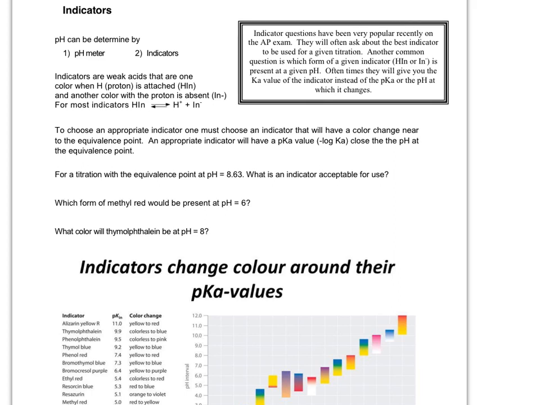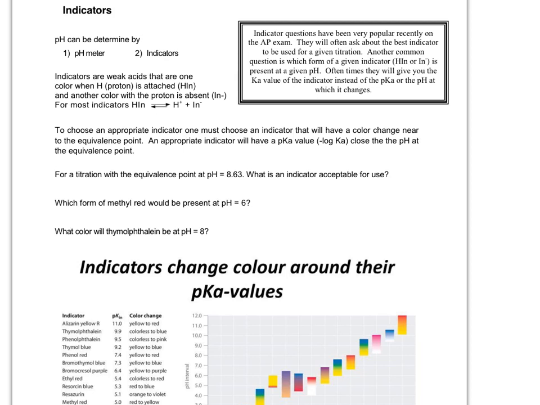For example, the first question here says, for a titration with the equivalence point of pH equaling 8.63, what would be a good indicator that's acceptable for that? Or they could change this question. They could tell you it's a titration between a weak acid and a strong base, so you know that the pH will be a little bit higher than 7. And they ask you, what is a good indicator for that?